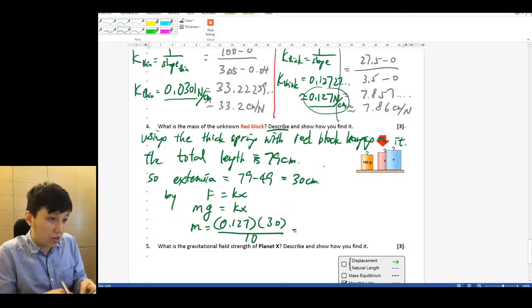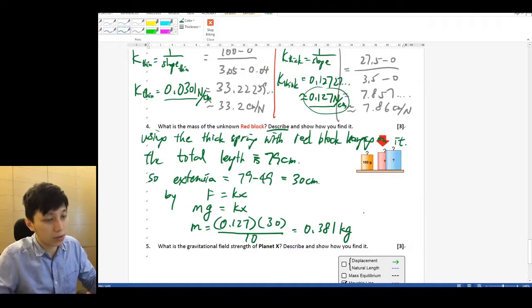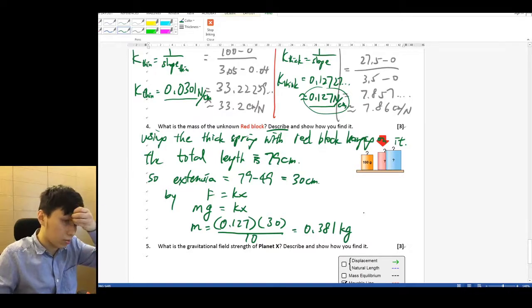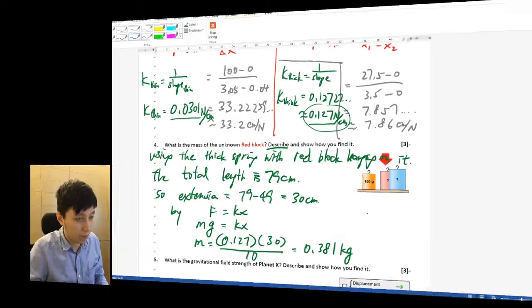So eventually just times 3 actually. So 0.381 kg, because I think earlier we used kg also. So yeah, that should be the mass that we should have.